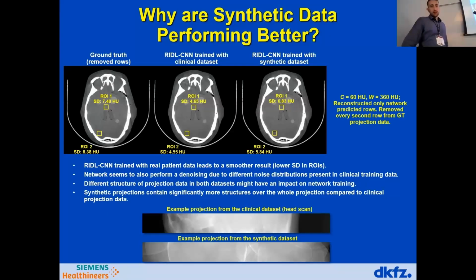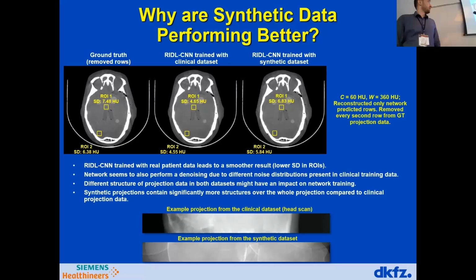What you can see qualitatively is that the result of the network trained with clinical data is somewhat smoother. This can also be seen quantitatively by a lower standard deviation in the ROIs that we calculated here. It seems that our network also performs a kind of denoising due to the different noise distributions present in the clinical training data.